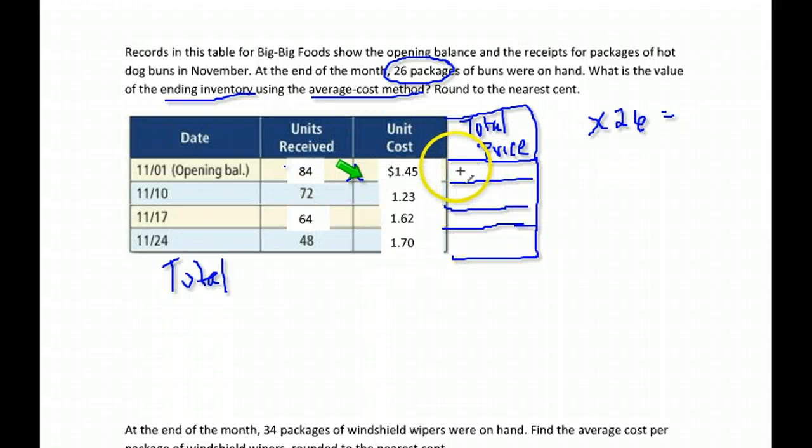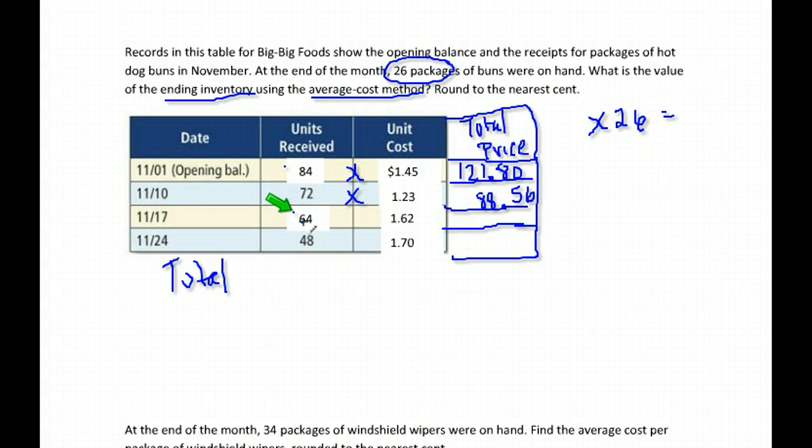Okay, so the total price for that order was $121.80. Now let's do the next one. Next time they ordered 72 at $1.23, so we take 72 times 1.23. The total cost of that order was $88.56. Okay, next we have 64 items.